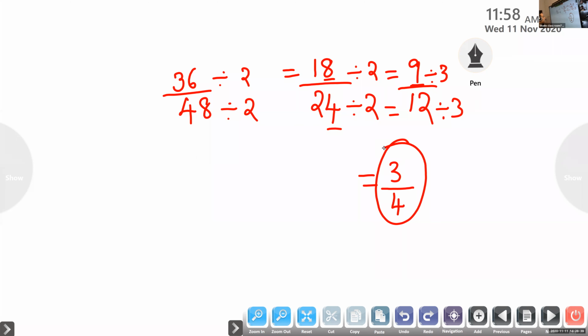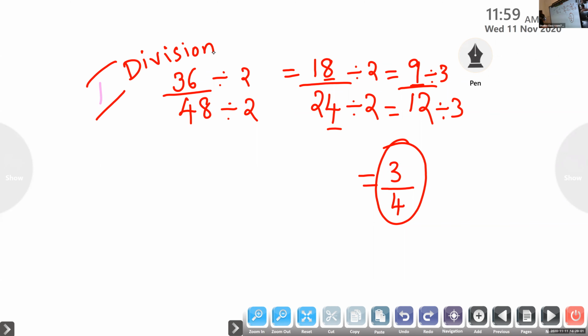This is the first method, method 1, that is division. We can divide as many times as possible: 36 divided by 2, 18 divided by 2, again divide by 3.